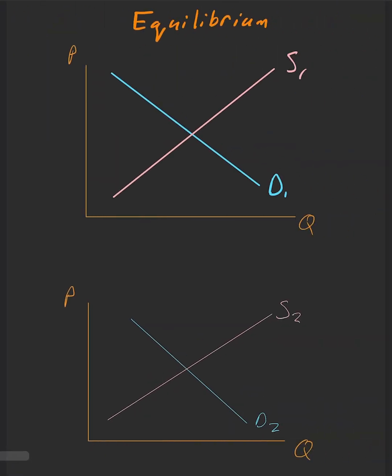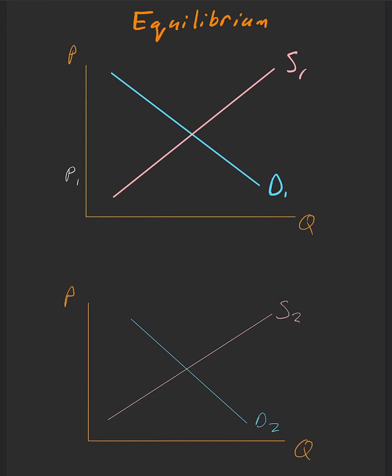Okay, now that we've got supply and demand: supply is upward sloping because as the price goes up, the amount that suppliers want to supply goes up. When we're looking at demand, it's downward sloping because as the price goes up, the amount that we want to buy ends up going down. So let's look at how equilibrium works really quickly.